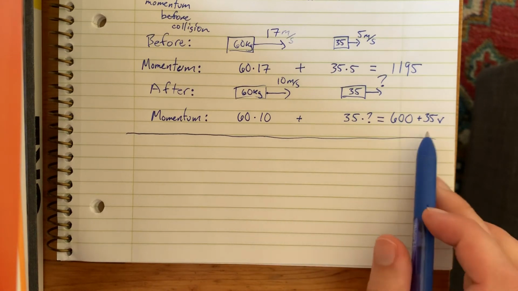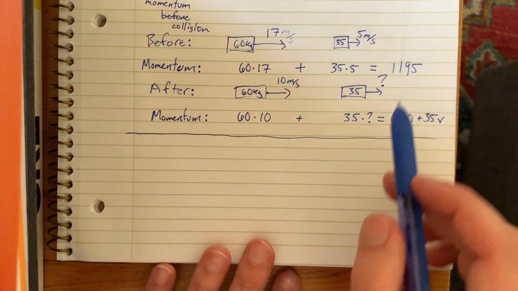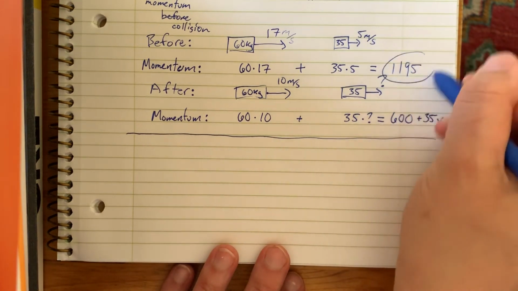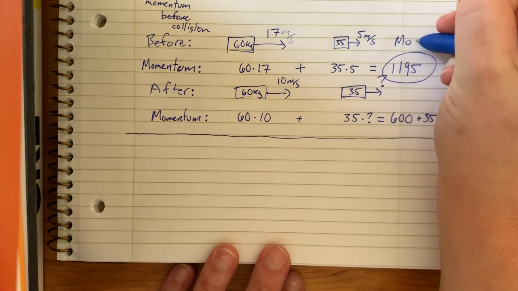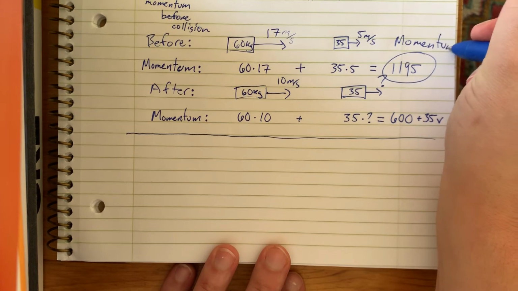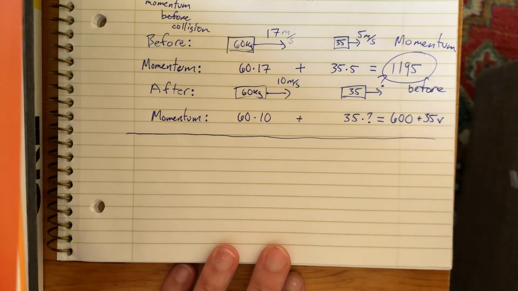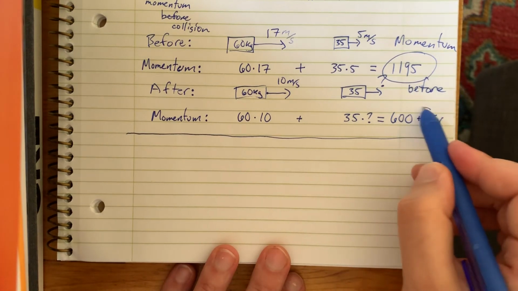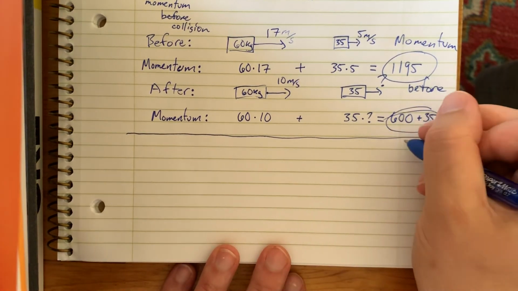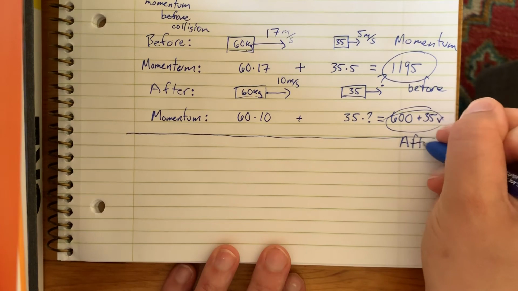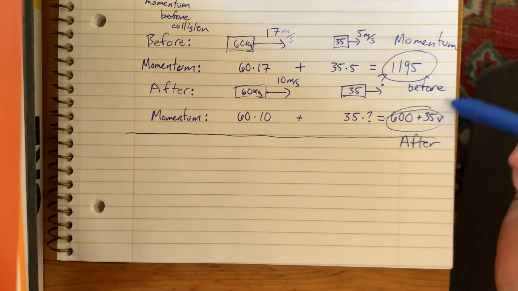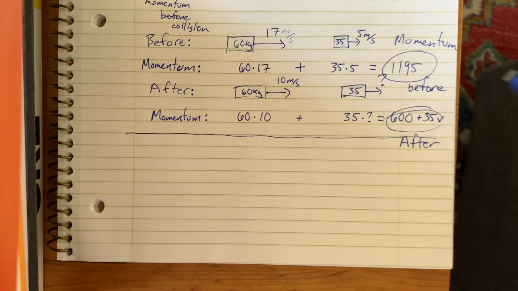All right, so now to really find that v, what we know is that the total momentum before is equal to the momentum after. So it must be that these two things are equal to each other.